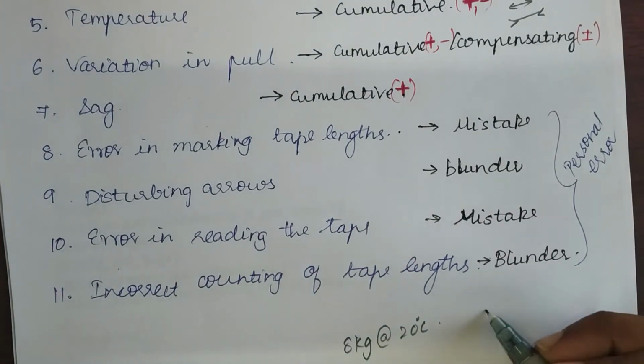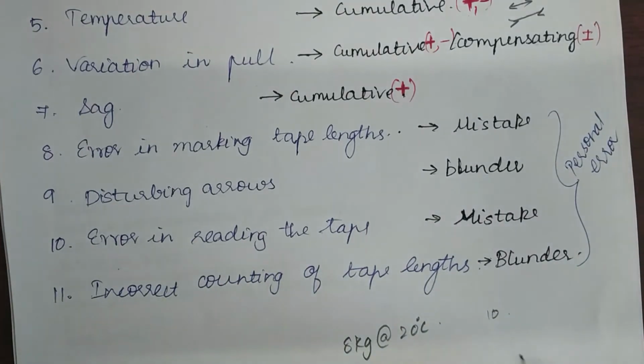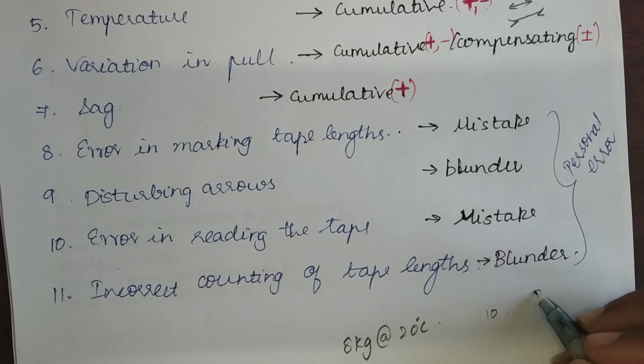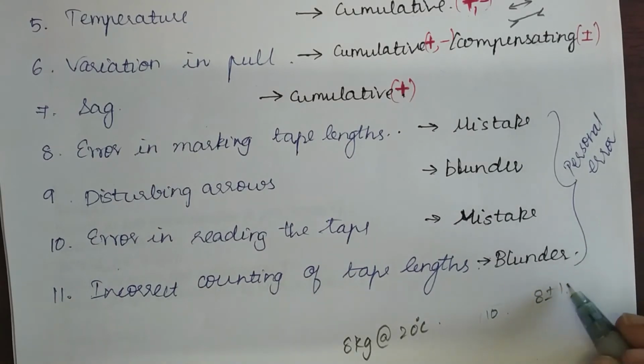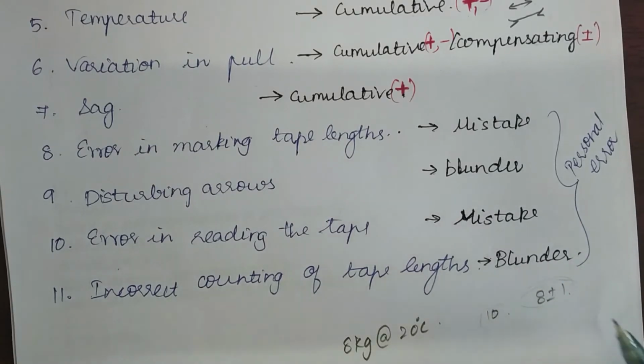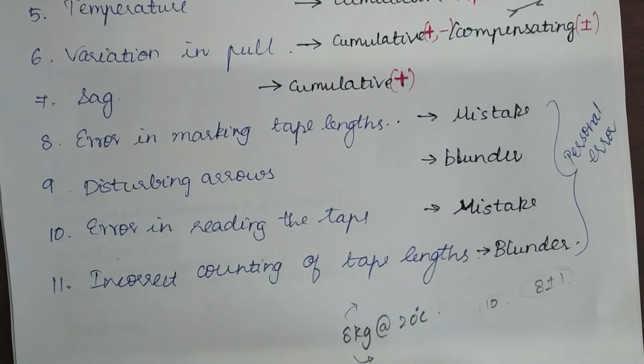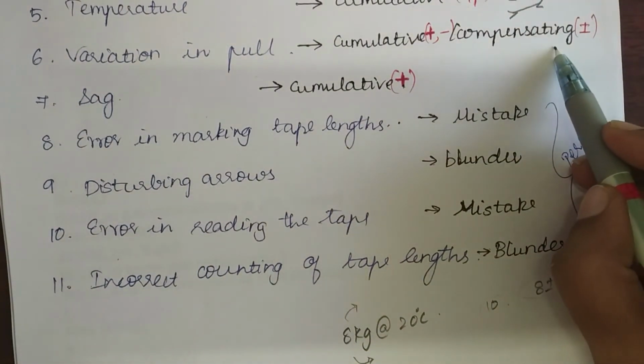Say there are going to be around 10 pulls in a measured distance, and all those 10 pulls are going to be irregular. It can be 8 plus or minus 1, anything. We cannot determine what the pull is. We are not going to give a definite amount of pull. We are just going to give an irregular pull. In that case, the pull can be maybe greater than 8 or less than 8. In that case, the error will be compensating.